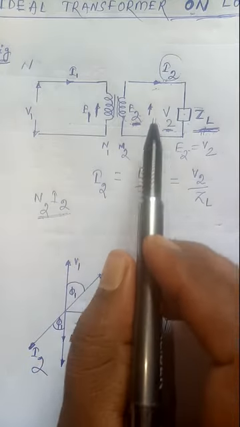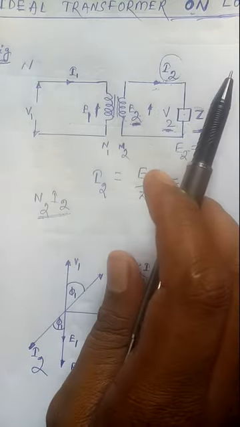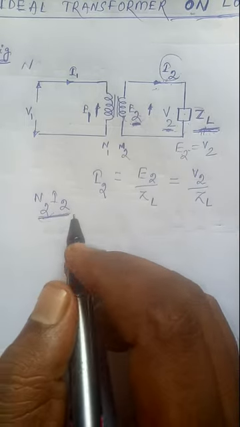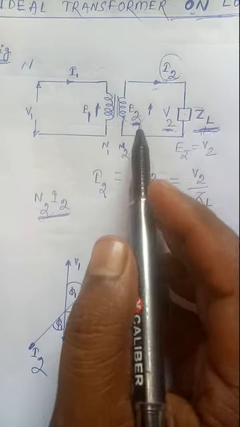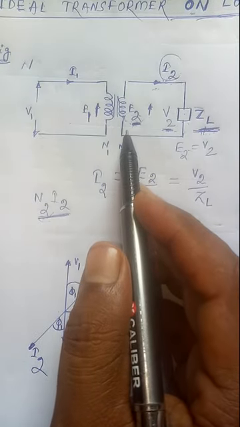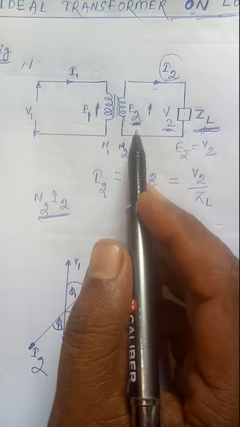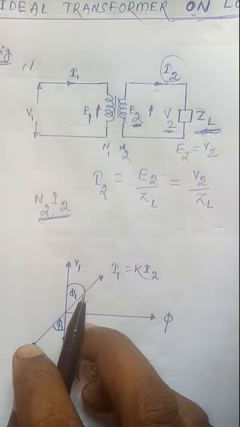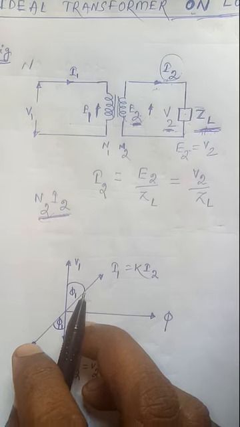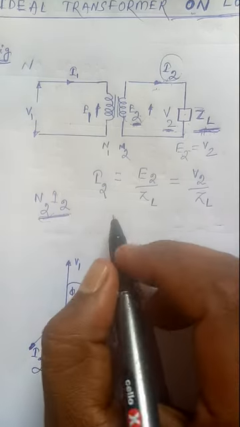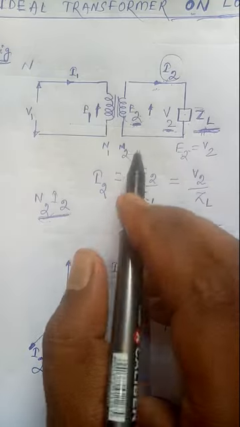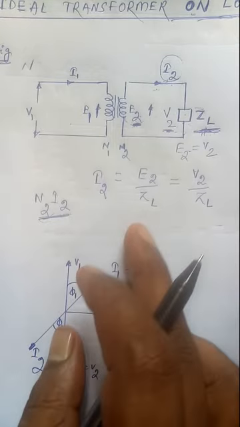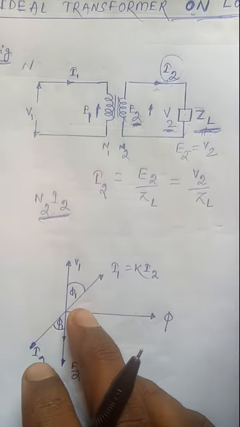Once again, the secondary MMF N2 I2 produces a flux in the opposite direction of the original flux. This will cause a change of flux from the original value. As this flux opposes, the net flux, the original flux, is reduced.